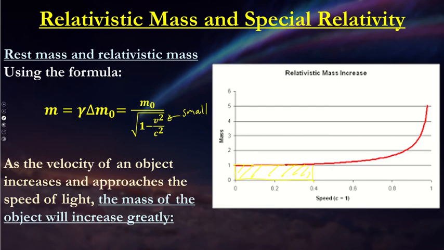It's not until you get to about 0.8, so about 80% of the speed of light, that you start seeing a gradual increase in the mass. And once you get to 90% and above, you'll see almost exponential growth. And what we predict is that when we get to 1, the mass is thought to go to about infinity.